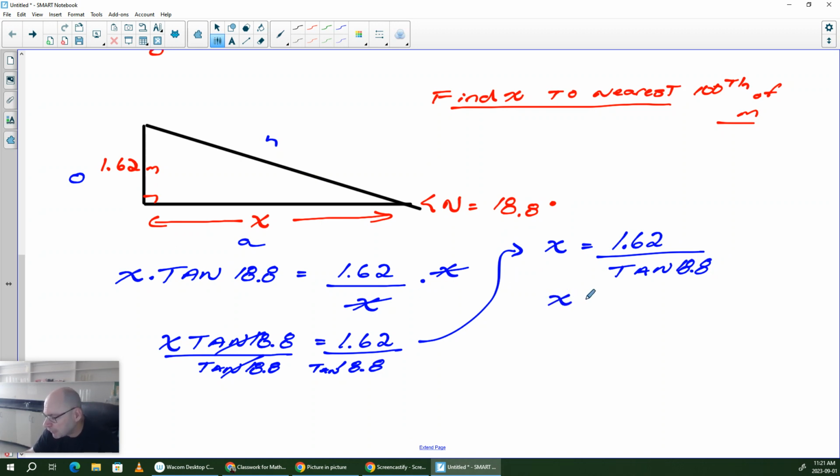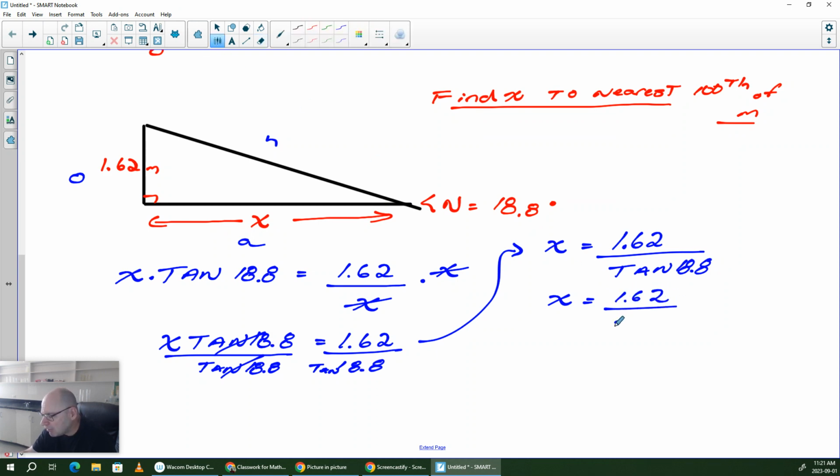If you're not sure, you can always ask, or just try it out and see how it works. So I'm going to go tangent 18.8 on my calculator here and see what that number is. And I get 0.3404. I've got to keep the 1.62 there.